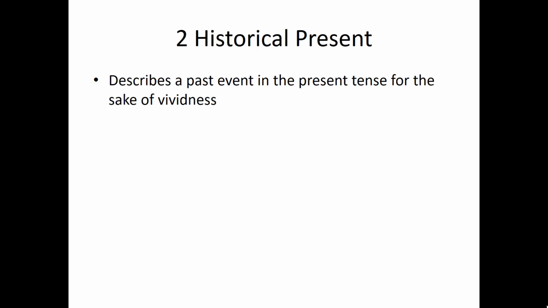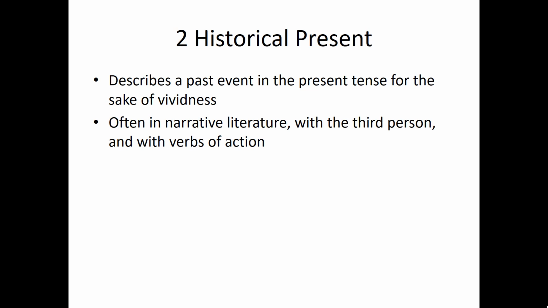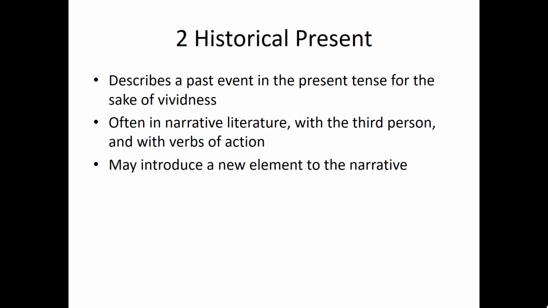Another very common use of the present tense is called the historical present. This is where the present tense is used to describe an action in the past, but you use the present tense for the sake of vividness. This will often occur in narrative literature with the third person and with verbs of action.